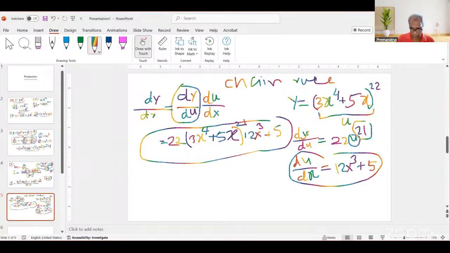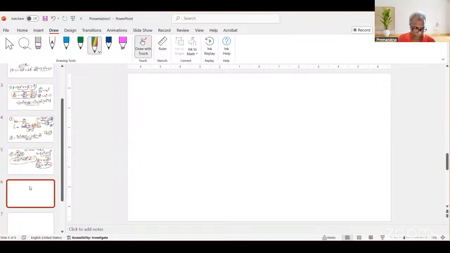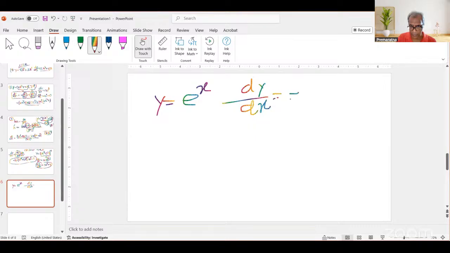Maybe in macroeconomics you use this. And just to introduce the rule, differentiation of an exponential function, like y equals e to the x. When you differentiate this y with respect to x, nothing happens, the answer comes the same, e to the x. So that is the easiest way.